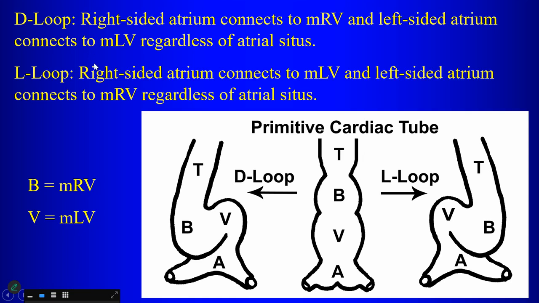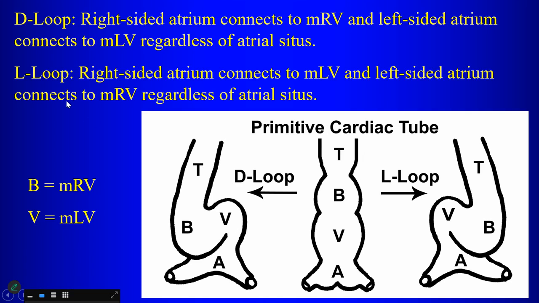Now, this is also important to realize. Remember that we said these atria are going to differentiate into morphologic right and left atrium. When we have a D loop, the right-sided atrium, whatever this right-sided atrium is, will connect to the bulbus cordis here, or the morphologic right ventricle. And the left-sided atrium here will connect to this ventricle, which will be the morphologic left ventricle.